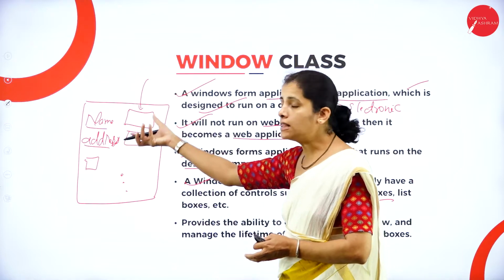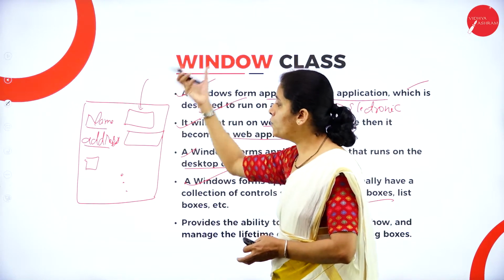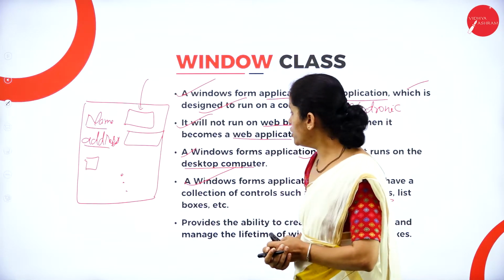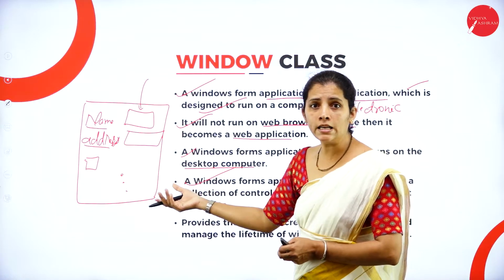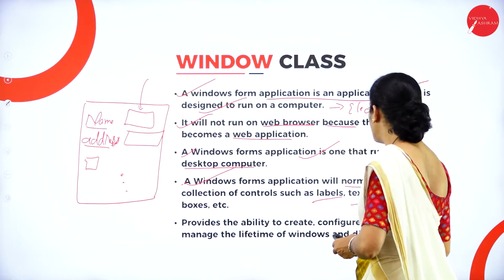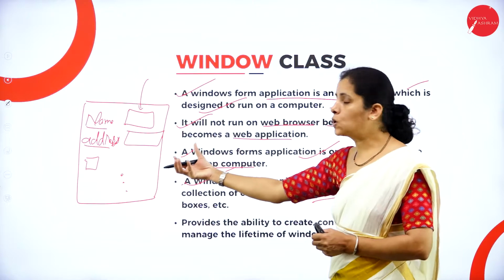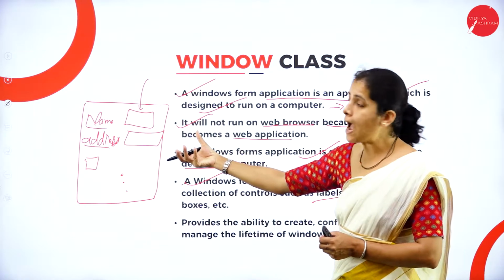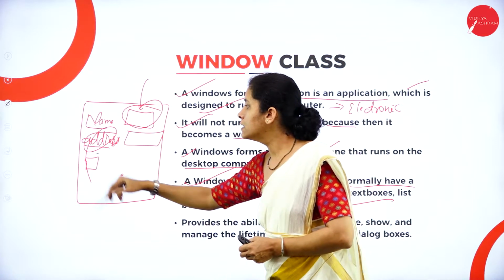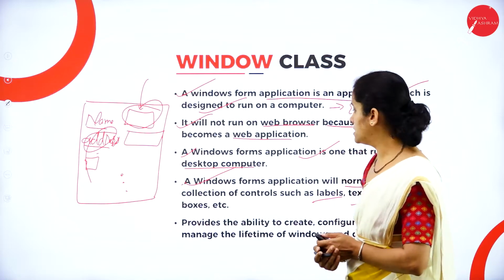And to design this kind of form, what do I require? I require label, text box, checkbox, radio buttons, and buttons. So here a Windows application form normally has a collection of controls. So what are the controls my electronic form can have? That is text box, label, then checkbox or list box, etc.